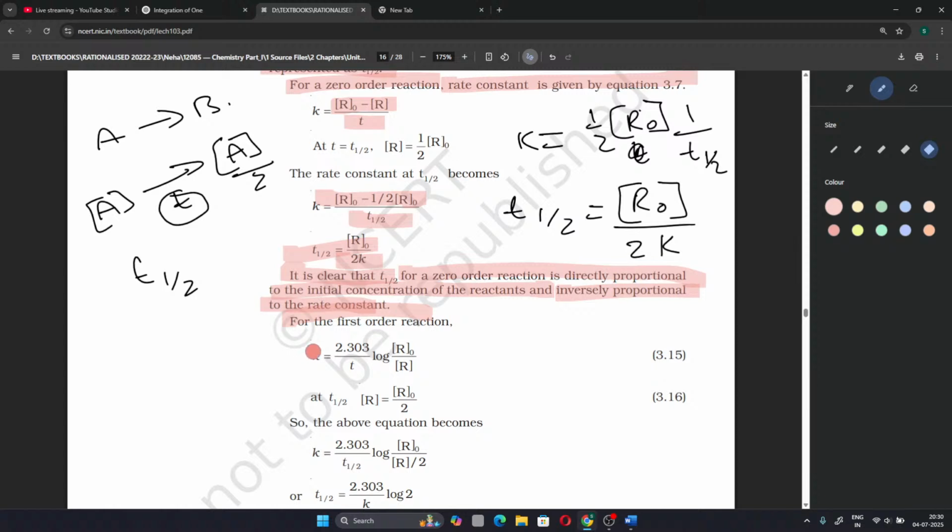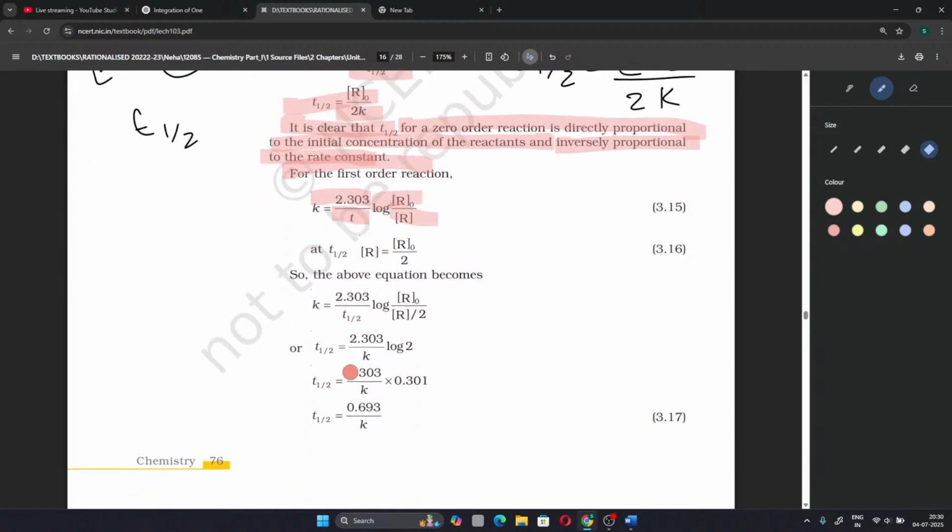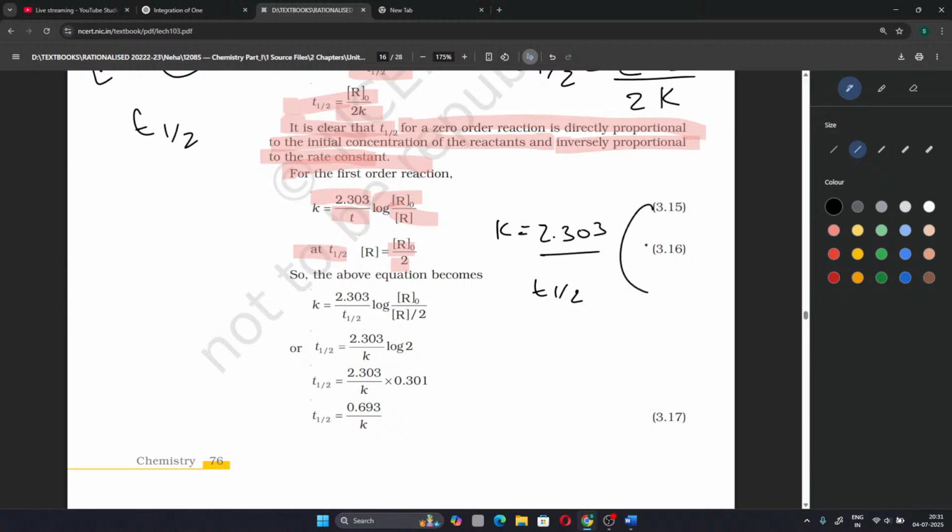For the first order reaction, k equals 2.303 by t log R naught by R at t half. When we substitute the value R naught by 2, k equals 2.303 by t half times log of R naught by R naught by 2.